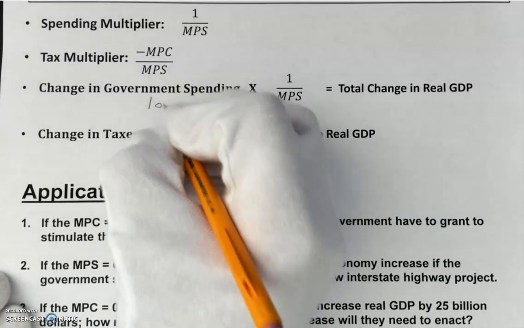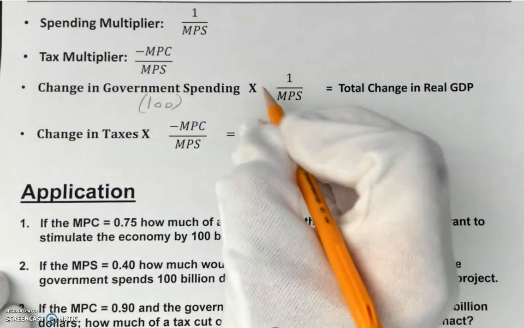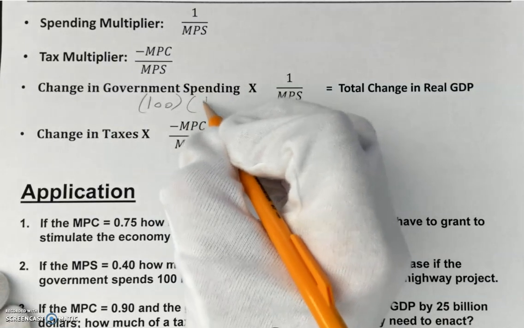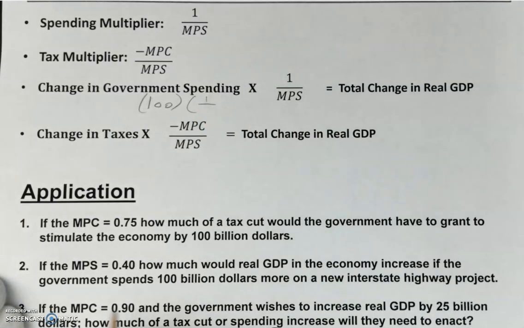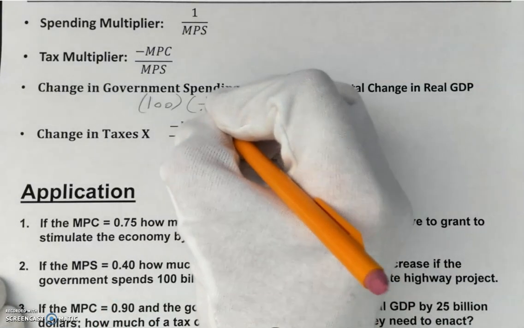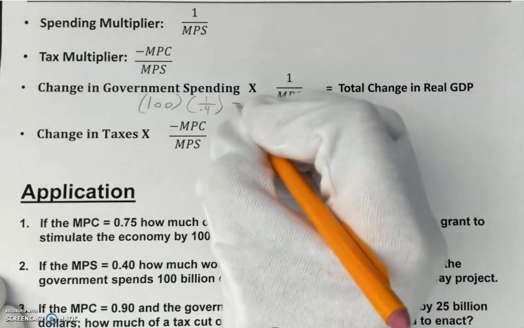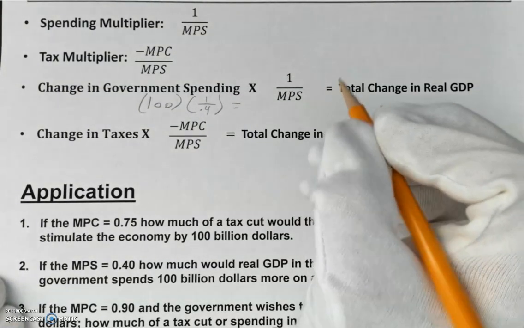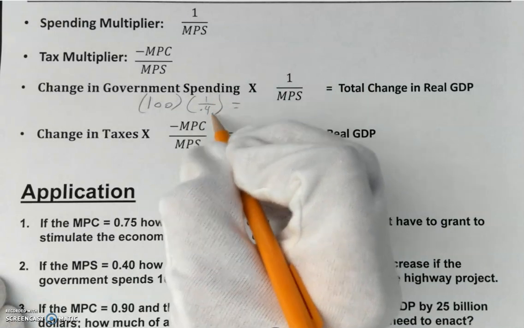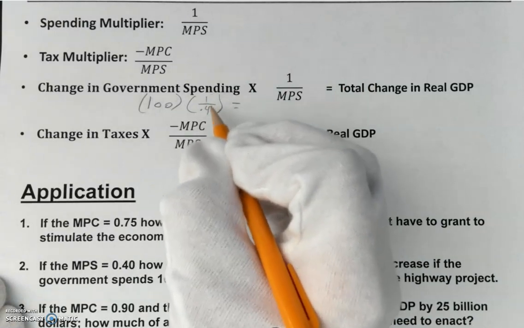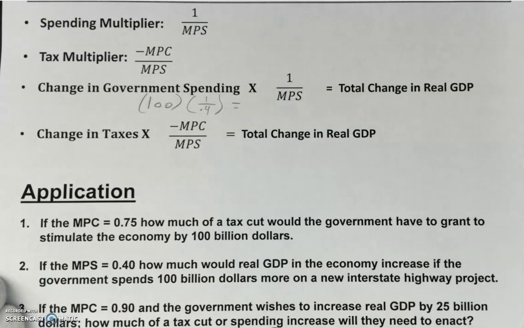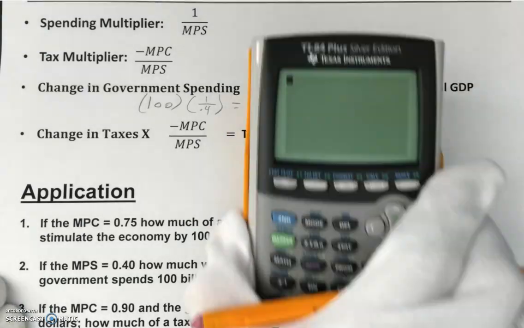The change in government spending is 100 billion. That's going to get multiplied by 1 over the MPS, which is given to us, 0.4. And that's going to equal, well, 100 times 1 over 0.4. 1 over 0.4 is 2.5. You can confirm that with a calculator.